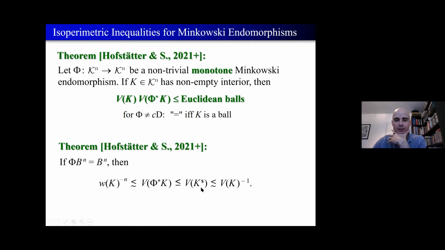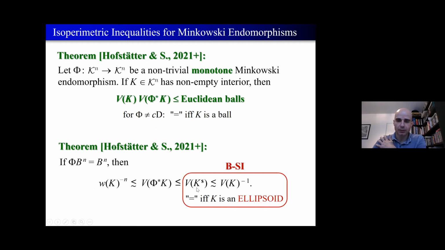The Blaschke-Santaló inequality, which you see here, so volume of K polar compared with the volume of K, is the strongest inequality. It's not really included here, but you have the one for the difference body map, which is included and which is basically the strongest one among even Minkowski endomorphisms. Okay, so this is one remark I wanted to make.